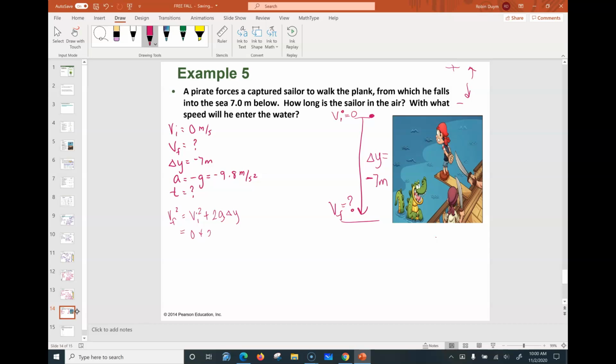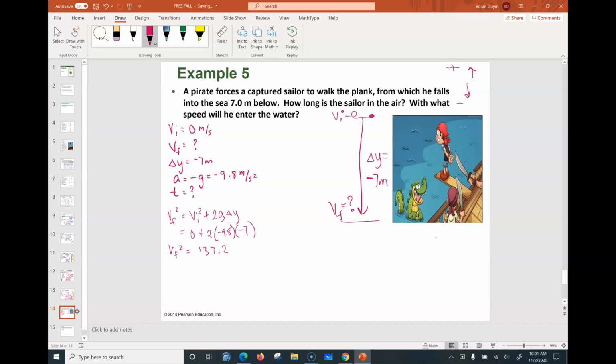And then plus 2 times negative 9.8 times negative 7. So those are 2 negatives that kids get confused with and sometimes leave out by accident. So just try to make sure that you are real careful with your signs. So VF squared is going to be 137.2.